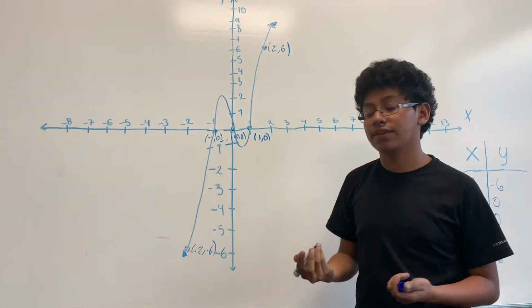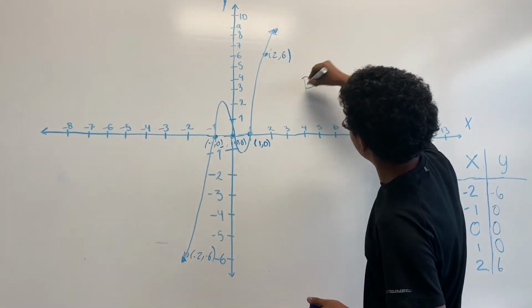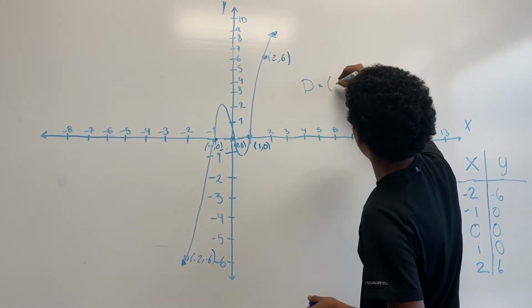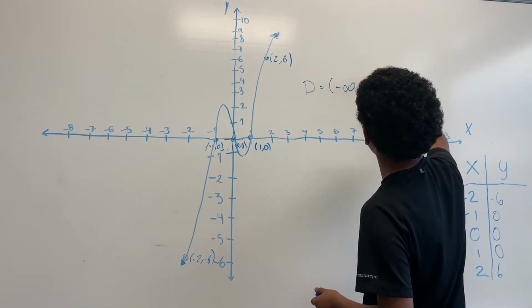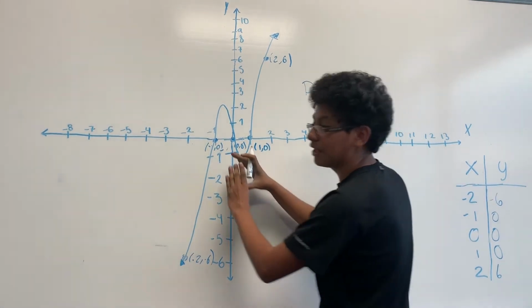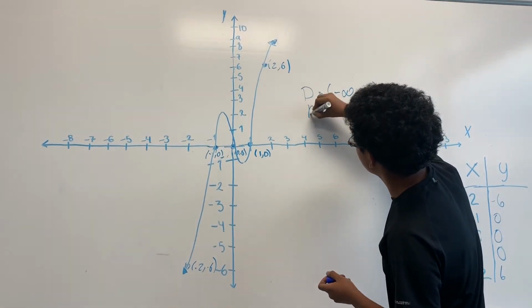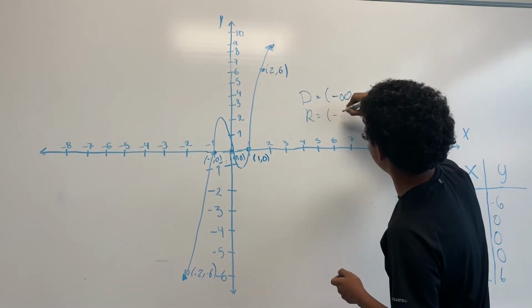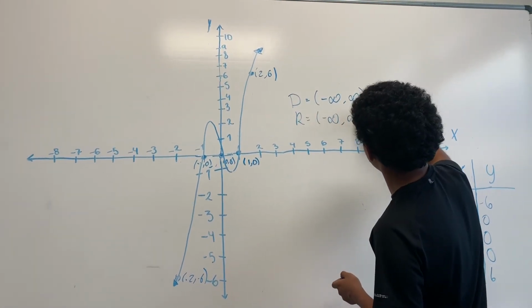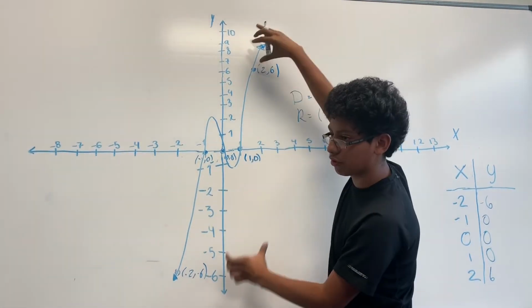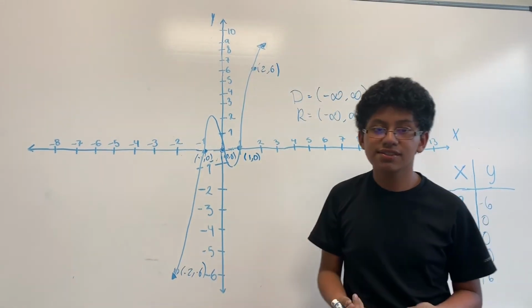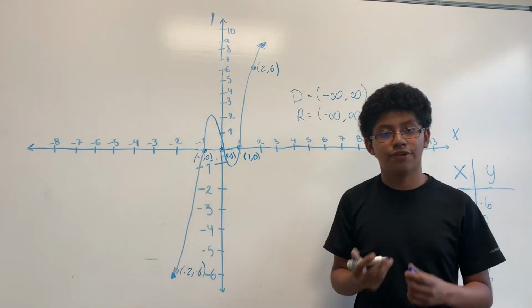So how do we write these things? Domain equals minus infinity to infinity, because this will continue growing to infinity. And now the range is going to be minus infinity to infinity, because this will continue growing to infinity. And with these two things, we can finish this problem.